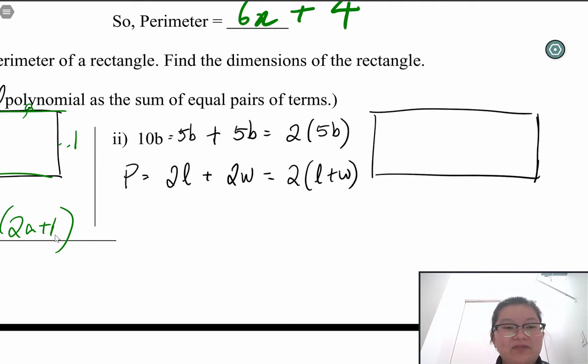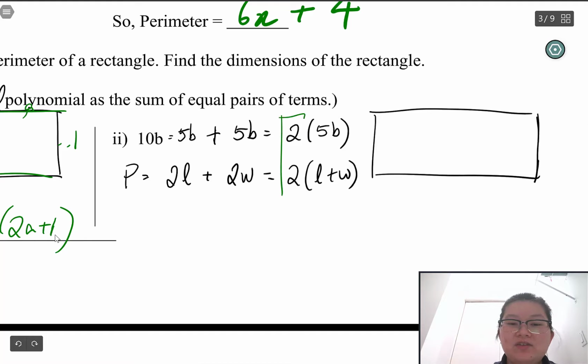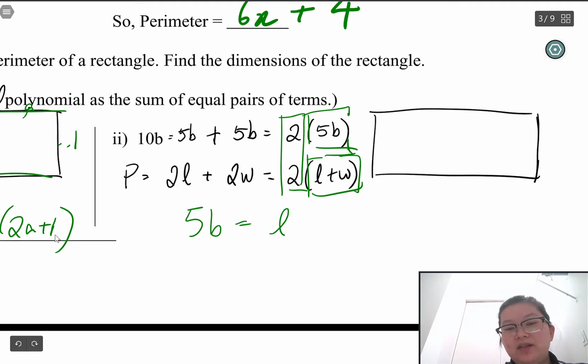So based off of rearranging the equation of the perimeter for a rectangle, we can match these two things up. Here the 2's match up. Here the 5b is going to match with the length plus the width. So essentially 5b is equal to the length plus the width.